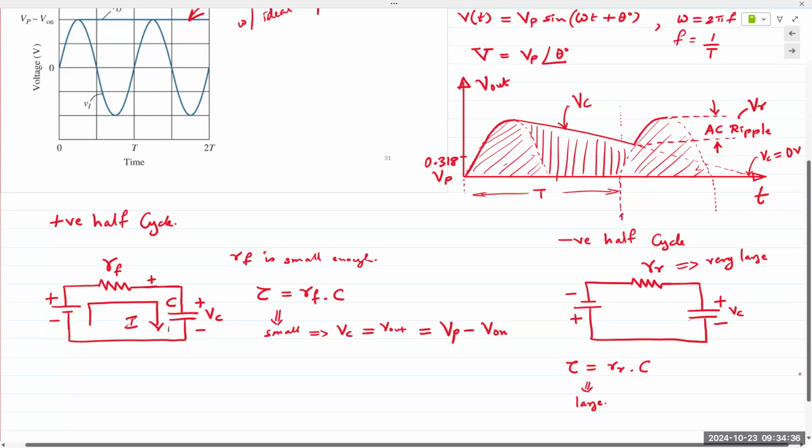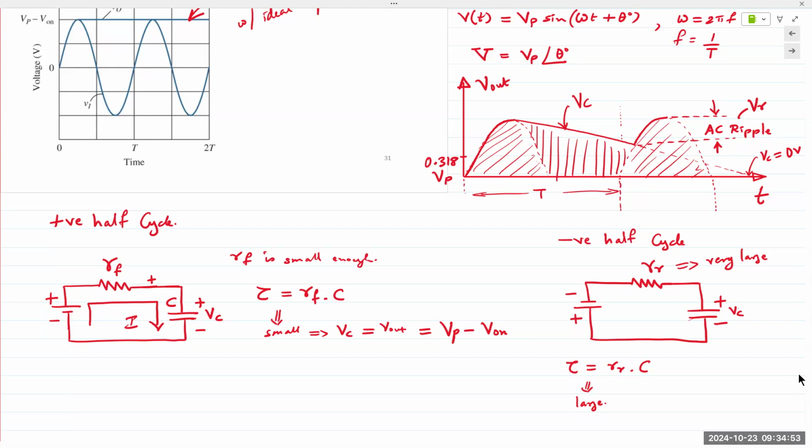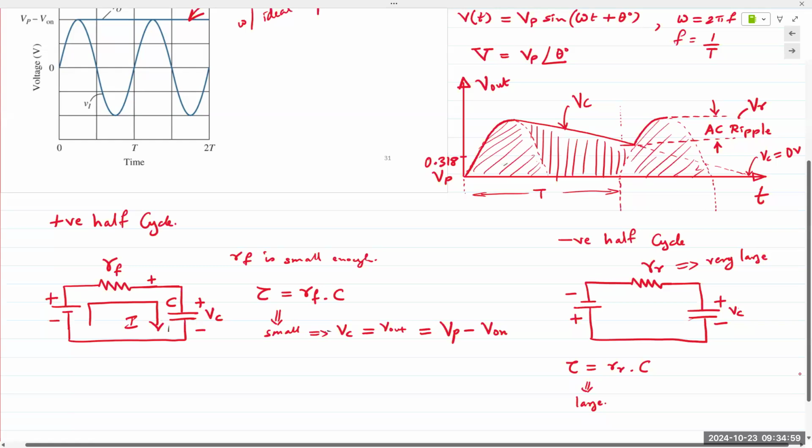This is the point where V in goes positive. This is the point where the diode is supposed to turn on. Right there. Right? When V in goes positive. But because the capacitor is holding the cathode at a positive level, the diode is reverse biased, and it will not turn on until V in reaches this point.